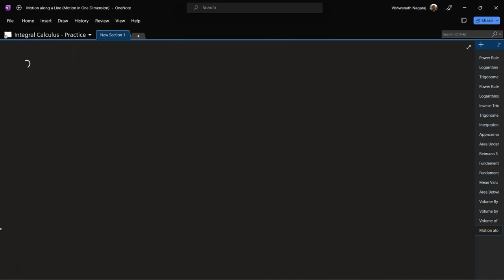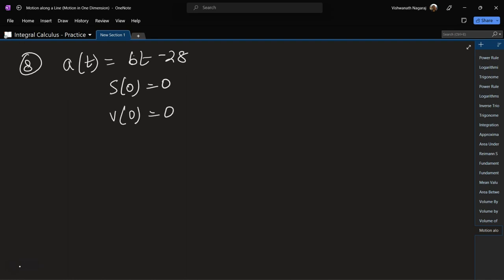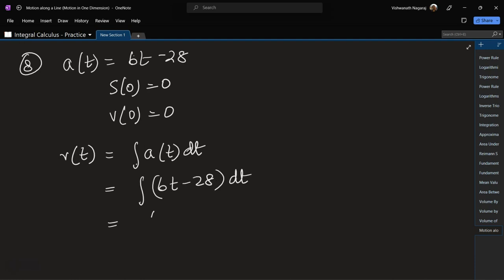Okay, eighth one. Okay, now a of t is equal to 6t minus 28. s of 0 is equal to 0, v of 0 is equal to 0. So we have to figure out v of t. v of t is going to be the integral of a of t dt, which is equal to the integral of 6t minus 28, which is equal to 6t square by 2 minus 28t plus, let's say, c1.